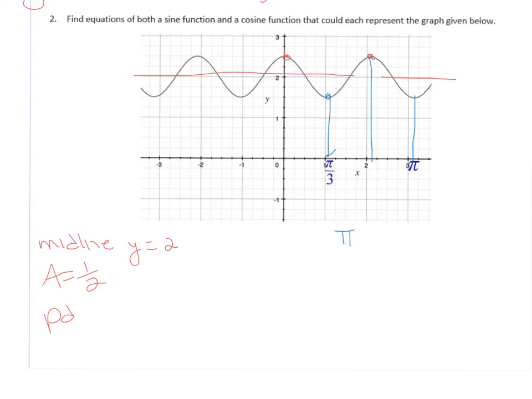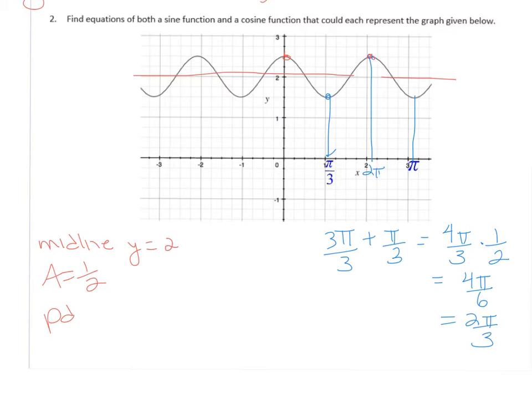So if I do pi plus pi over 3, that's 4 pi over 3, but then I have to split it in half for the midway. That is going to be 4 pi over 6, which reduces to 2 pi over 3. Okay, so the period is 2 pi over 3.